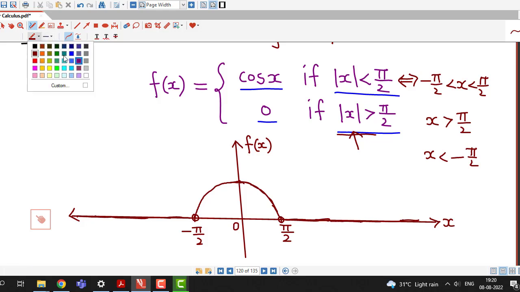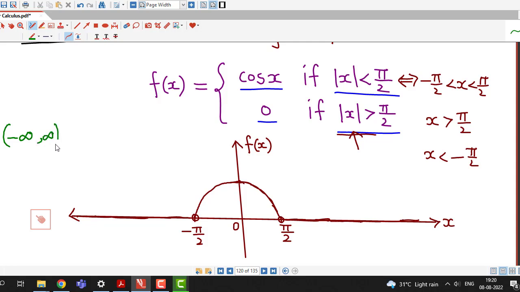So our interval minus infinity to infinity can be considered as union of these three intervals, minus infinity to minus pi by 2, then minus pi by 2 to pi by 2, union pi by 2 to infinity, and at pi by 2 and minus pi by 2 function is discontinuous.